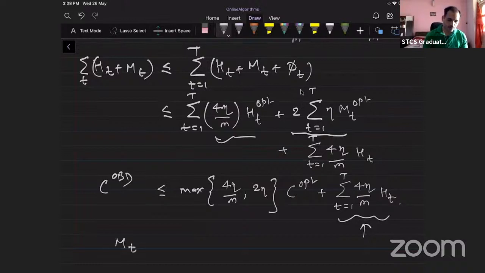And the hint is to use this fact that MT is equal to beta times HT. Using this, can you write the last term in terms of COBD times some constants?